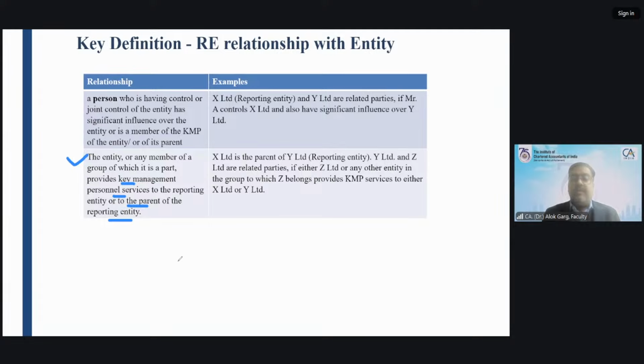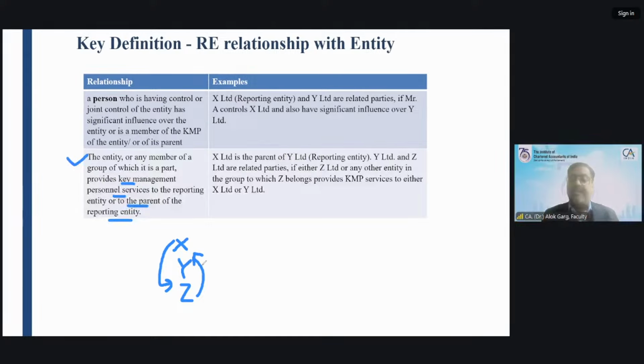For example, there is a group where X Limited is a parent of Y Limited and Z Limited. What is the relationship of Y and Z with X? Subsidiary. And of X with Y and Z? X is a parent of both these entities, and Y and Z are the subsidiary of X.